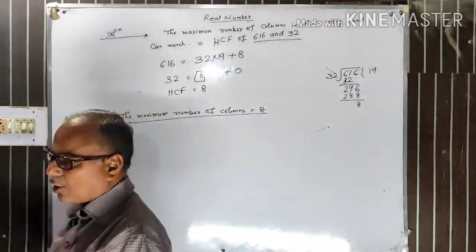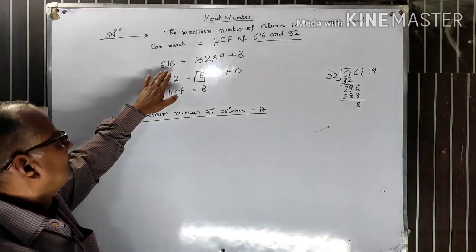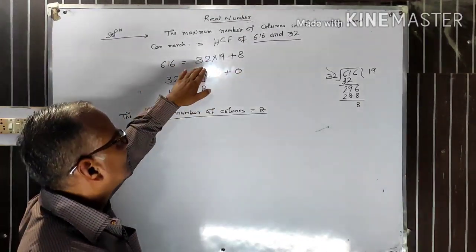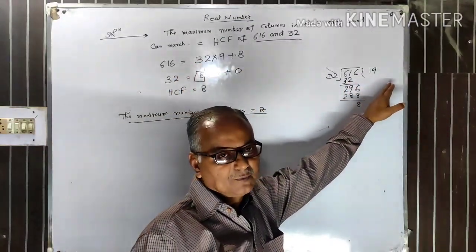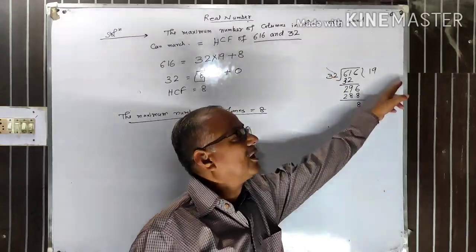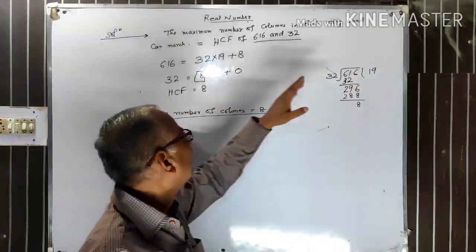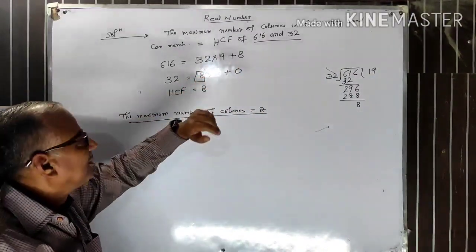So the maximum number of columns in which the army band can march is given by HCF of 616 and 32. 616 you divide it by 32 in rough work. 19 is the quotient and 8 is the remainder.